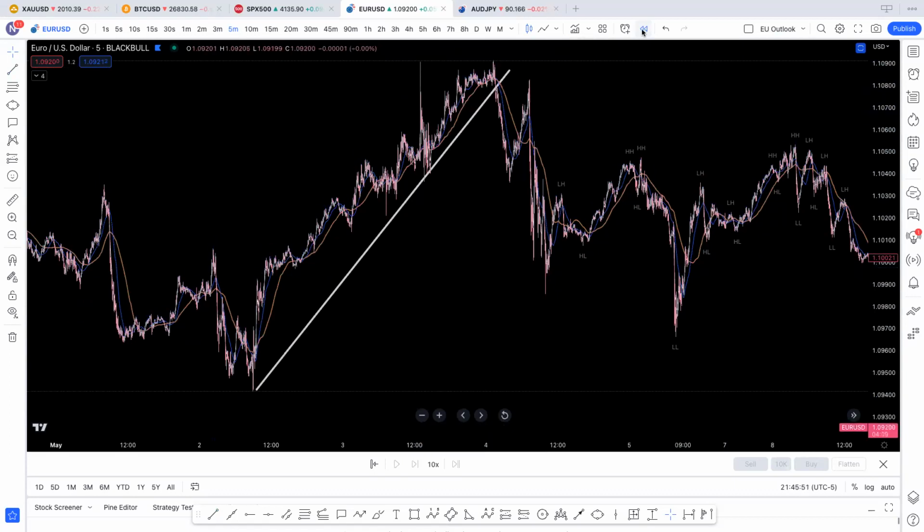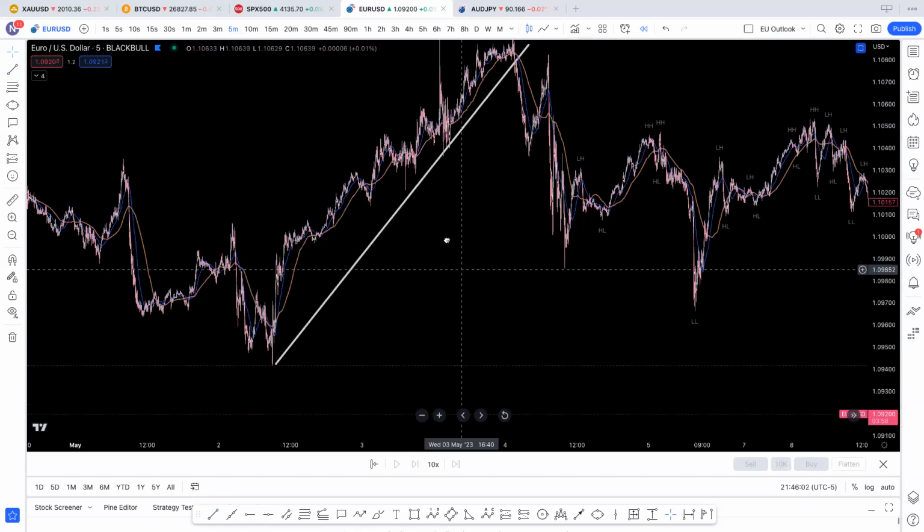Okay, so overall, this is an up market. I'm on my 5 minute time frame, which is my analysis time frame.